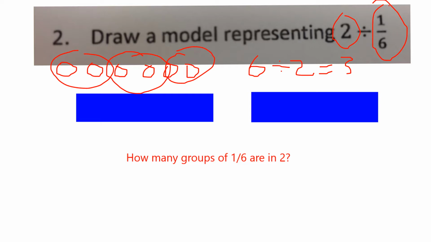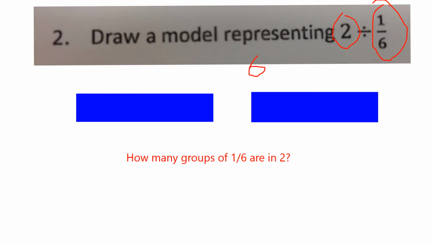So let me just erase some of that here. All right. And we're going to answer the question, how many groups of 1/6 are in 2? Well, one of the ways that we can do that is by using a model. And what we're going to do with this model is split this up into 6 parts. Now, once again, unfortunately, I do not have this wonderful gift of making things perfect on this screen, but just pretend that these are 6 equal parts.